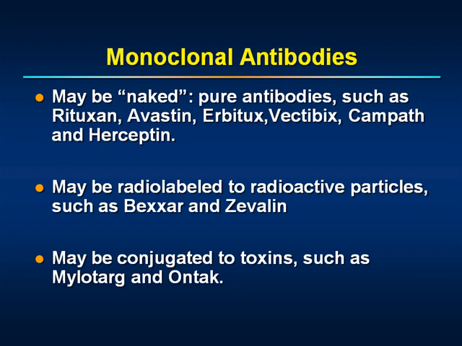They may also be conjugated to toxins such as Mylotarg and Ontak. As you can imagine, the conjugated antibodies are more toxic, since you're also seeing the effect of the conjugation, the conjugated products such as Mylotarg, where it's conjugated to a poison, or the radioactivity. However, all can have infusion-related toxicities.